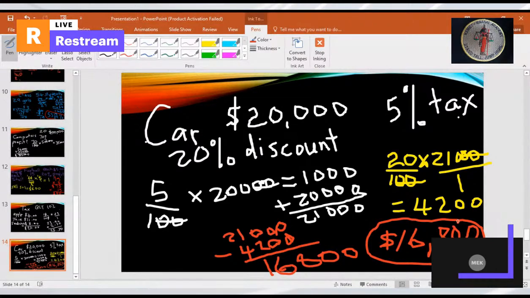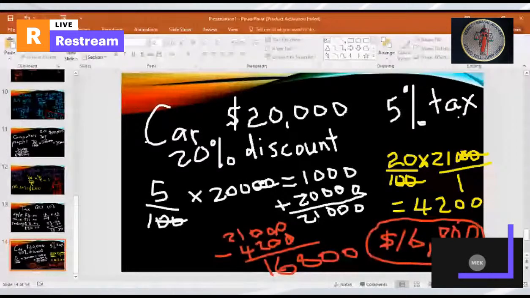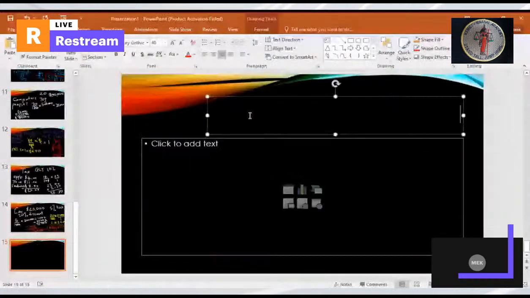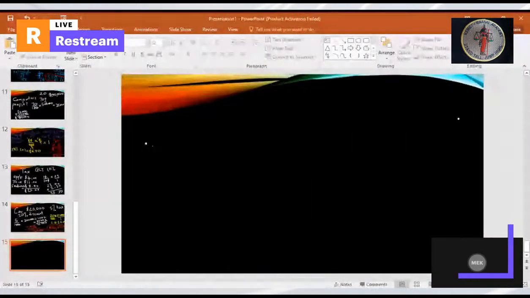You're really seeing whether it makes a difference which one we work first, the tax first and then the discount, or the discount and then the tax. Check it for yourself and see if you end up with the same answer.